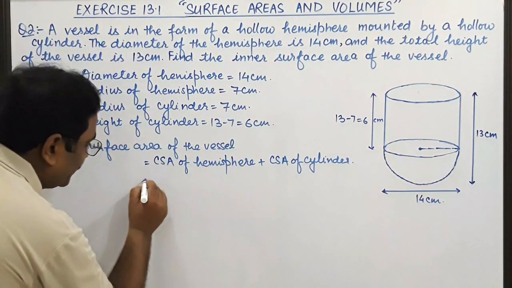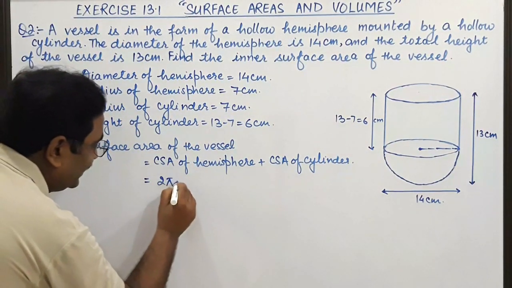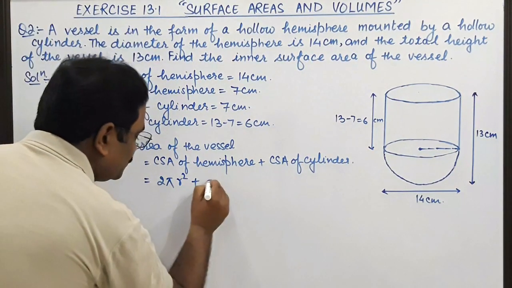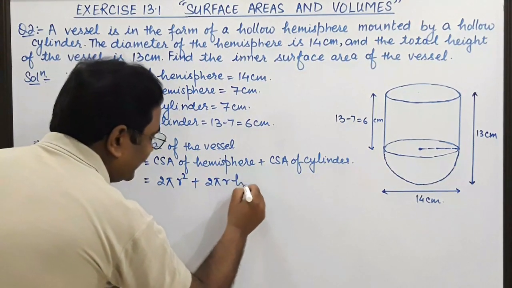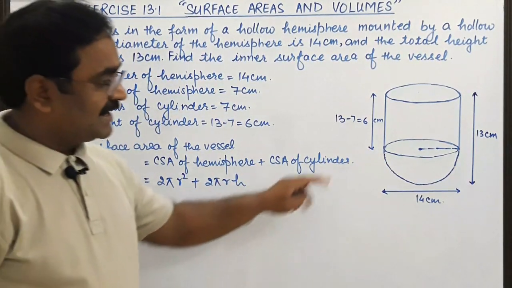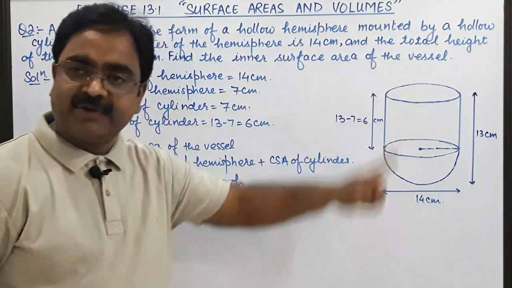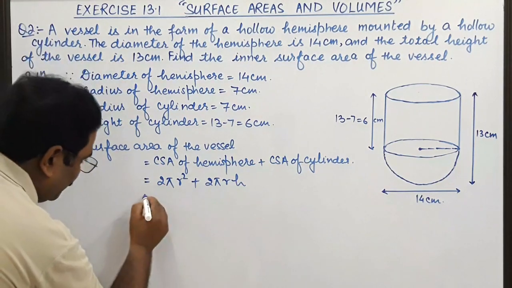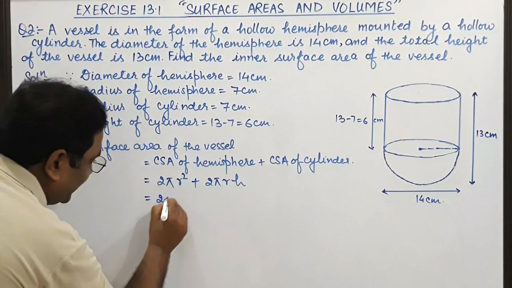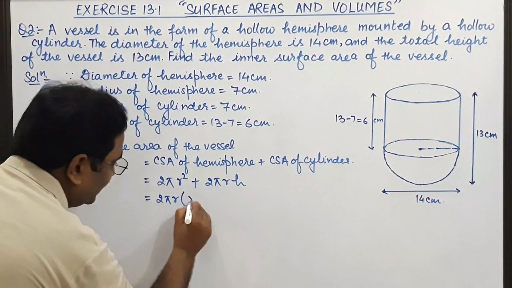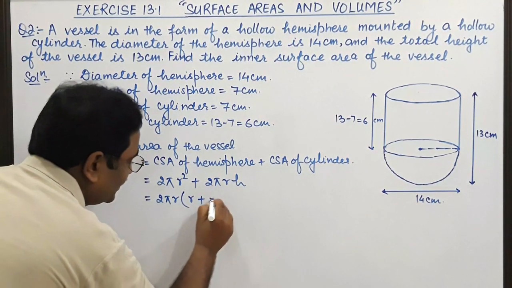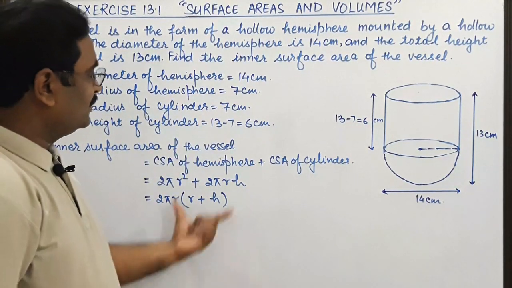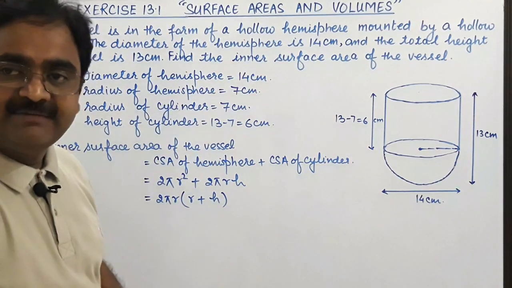Now write down the formula of the curved surface area of these two objects. The curved surface area of hemisphere is 2 pi r square plus the curved surface area of cylinder is 2 pi r h. The radius of the cylinder is equal to the radius of the hemisphere. Therefore you can take 2 pi r common from both of them. You will get r plus h. Now substitute the values of radius and height from the information we have written.